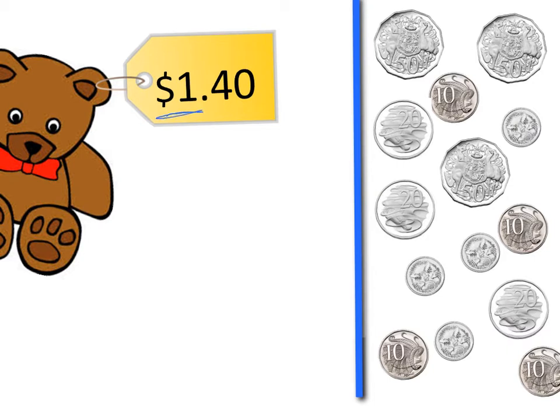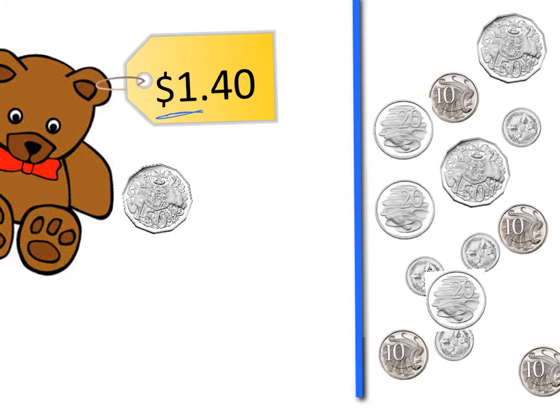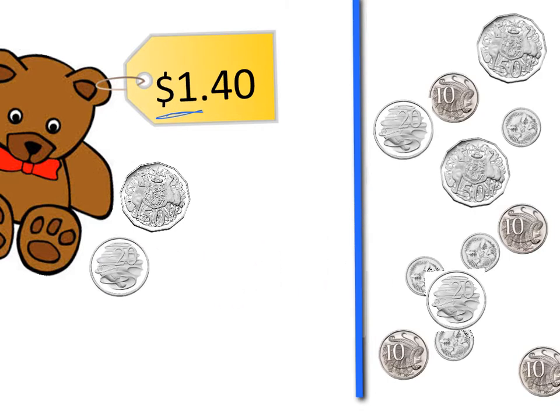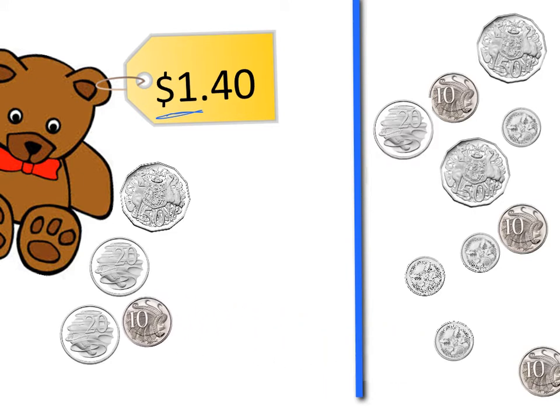So this time I might use a 50-cent coin and then add 20 cents to make 70 cents, another 20 cents to make 90 cents, and then I've got to 100 cents here, so I've made that $1 amount.